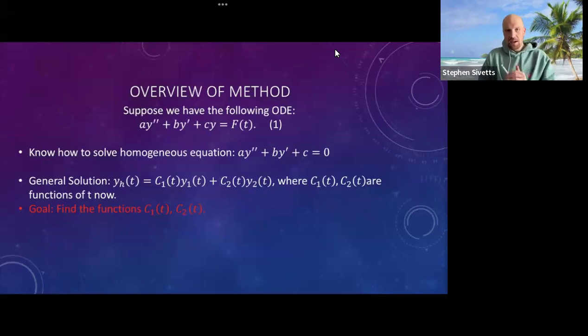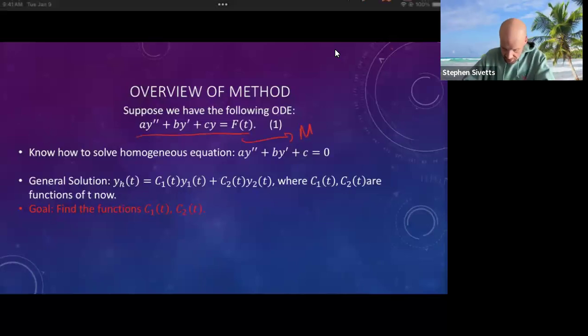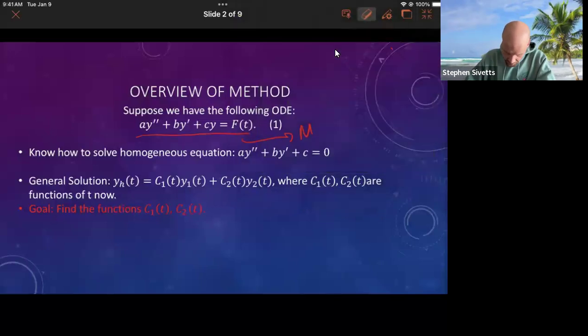We're going to suppose we have a non-homogeneous second order differential equation, right? So we're going to have here a non-homogeneous differential equation.